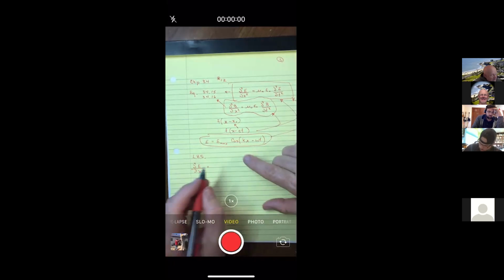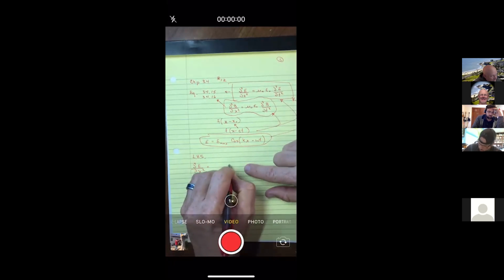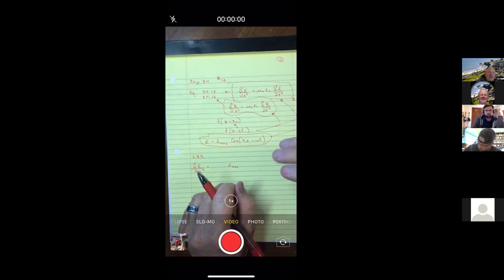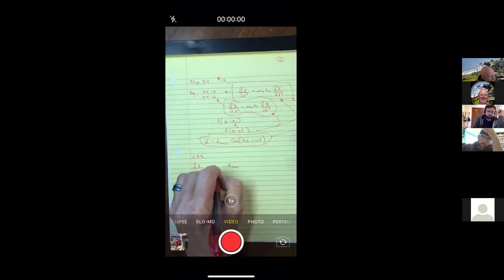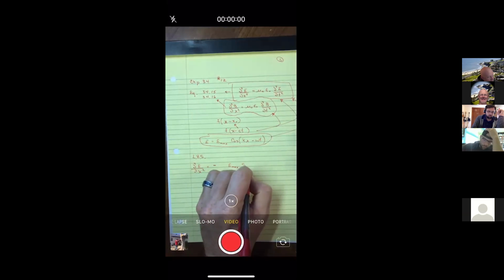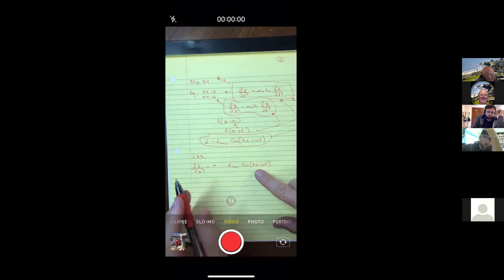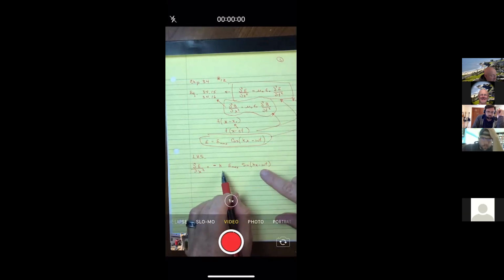As I take the derivative the first time, the maximum would stay the same, and the derivative of a cosine is a negative sine. And then, of course, the chain rule would give me a k out in front. So that's the first derivative.